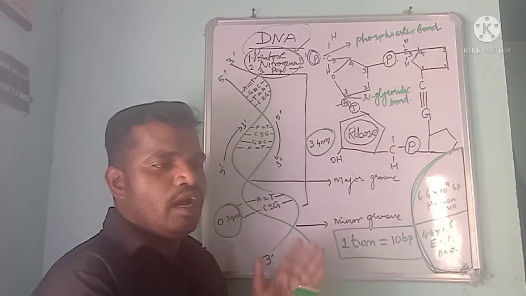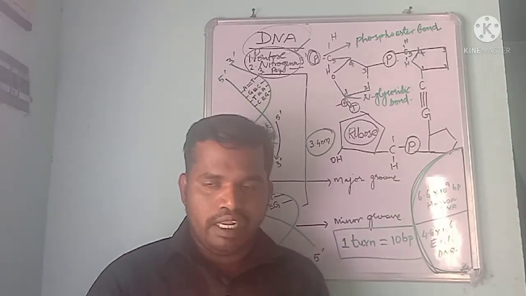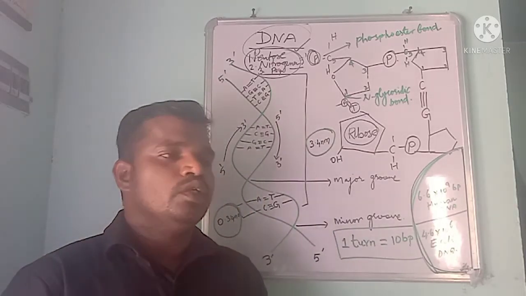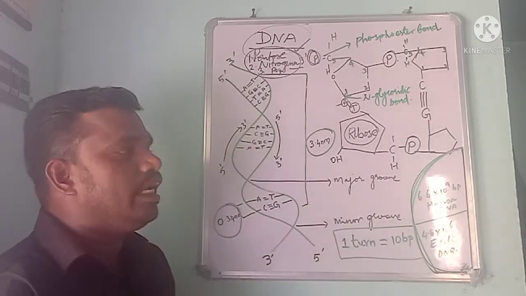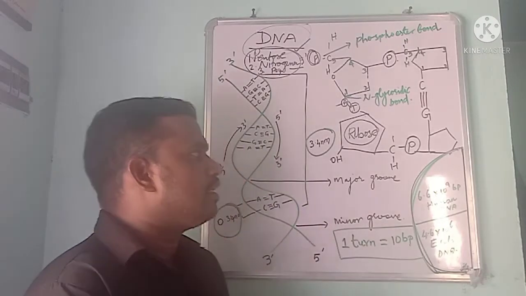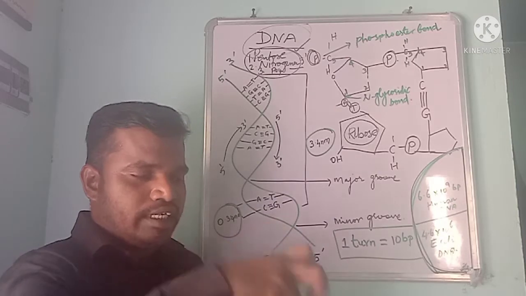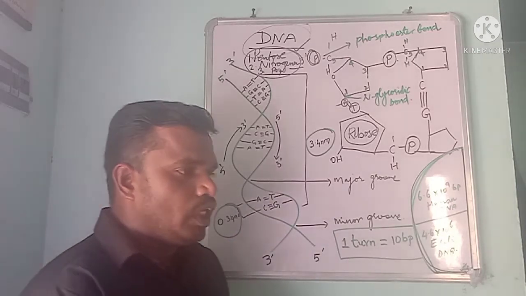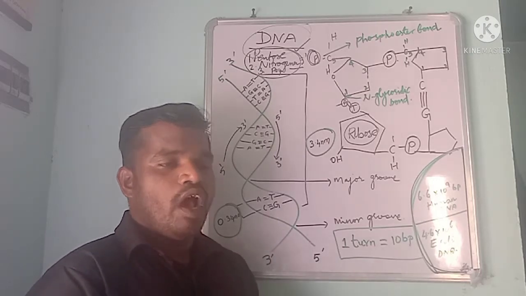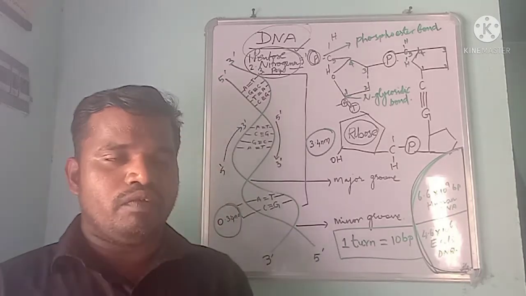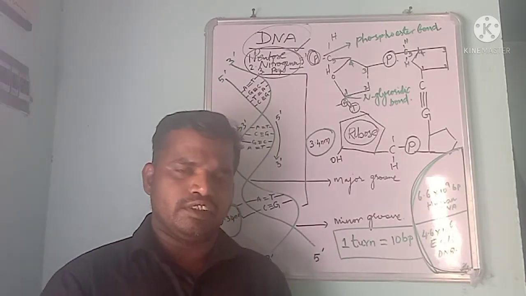Watson and Crick made the DNA model, the double helical structure of DNA. They followed certain basic principles from Franklin and Wilkins, along with Erwin Chargaff.